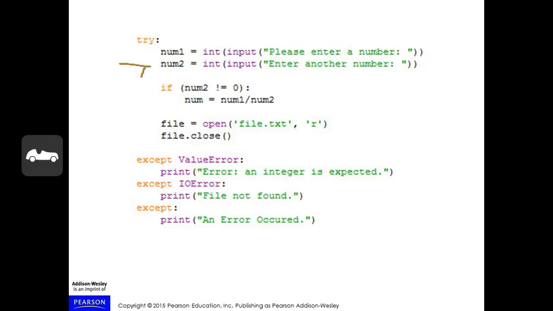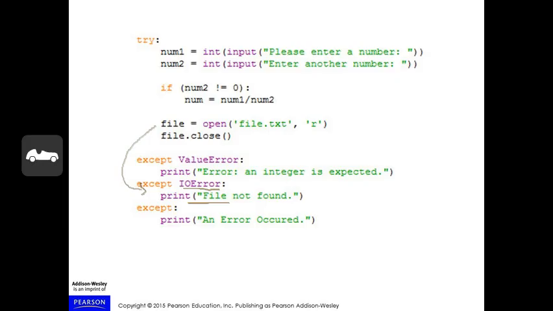So that is to say, if a value error happens around here, the logic will go here to handle the value error. Or if there's no error until a file open causes an IO error, the Python interpreter will branch to the except clause where an IO error is handled here.